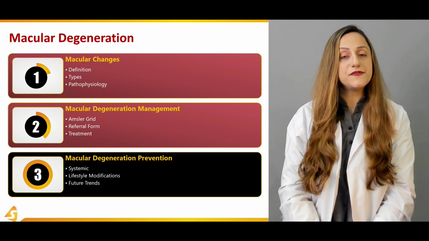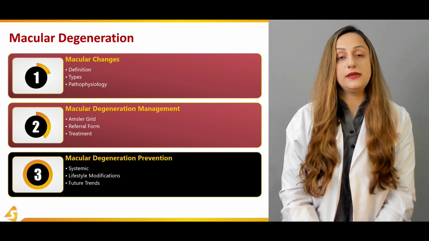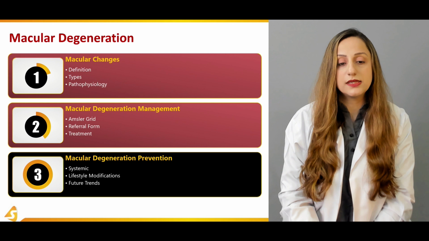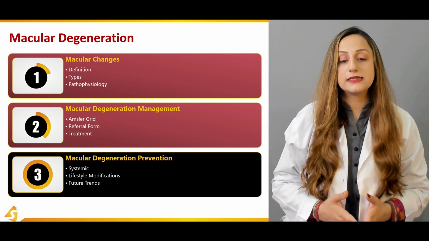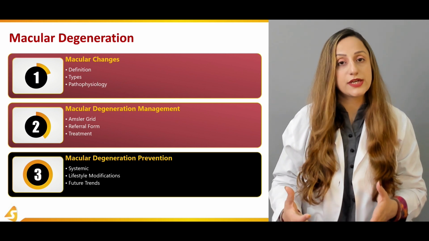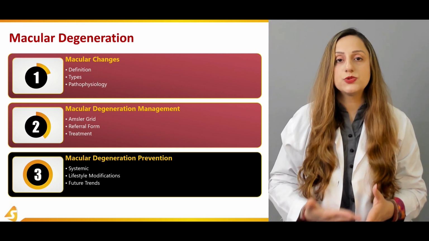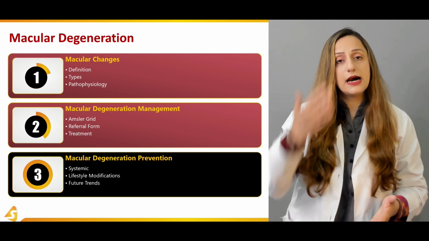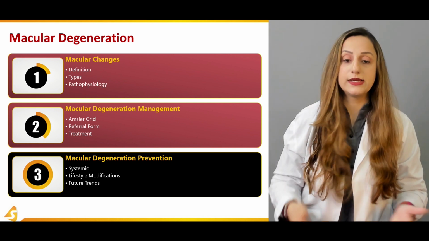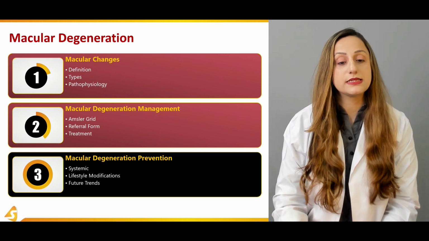Then we have the lifestyle modifications that can be made in a patient of macular degeneration, which are helpful to slow down the progression of the disease. Future trends that are going to be helpful in the development or prevention of the disease are again very important.